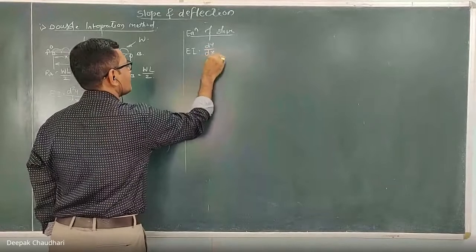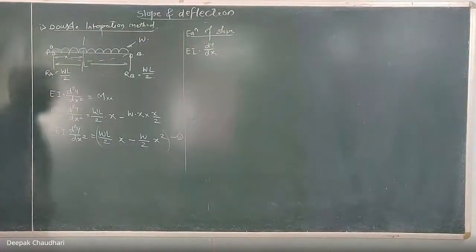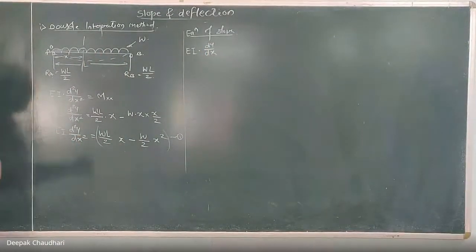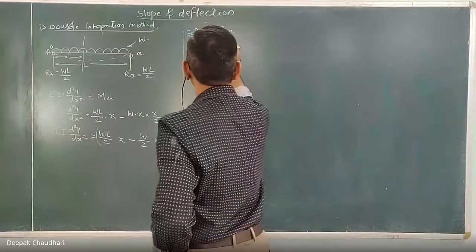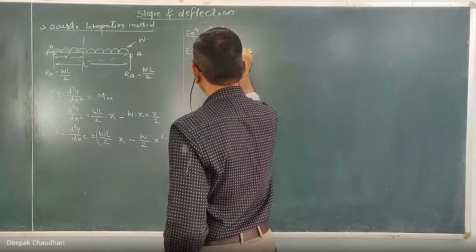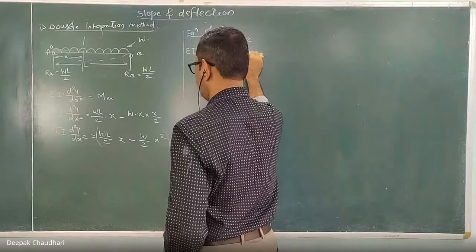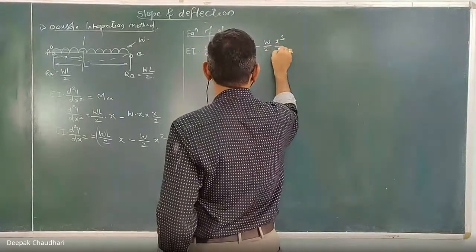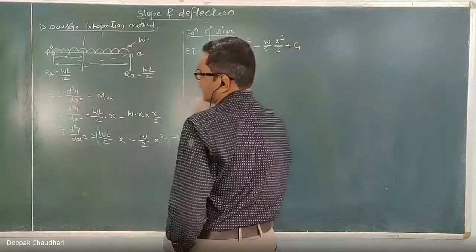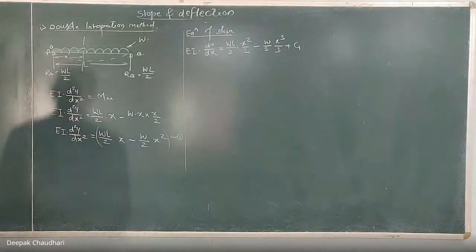EI is constant, and the integration of d2y by dx square is dy by dx, which is equal to WL by 2 into x square by 2 minus W by 2 into x cube by 3 plus constant of integration C1. Don't forget that constant of integration.